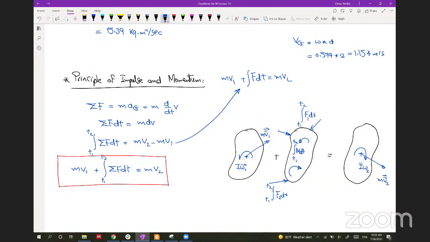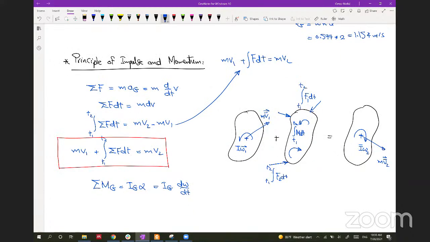Similarly, for the moment, we know from chapter 16 the sum of the moments about G is equal to the mass moment of inertia about G multiplied by alpha, and this is equivalent to d omega dt.